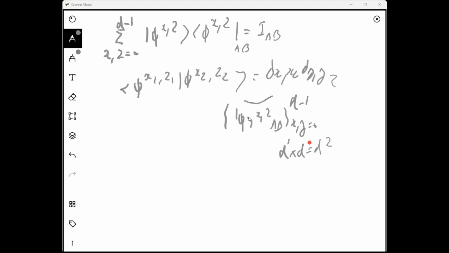So it just proves that it's an orthonormal complete basis.